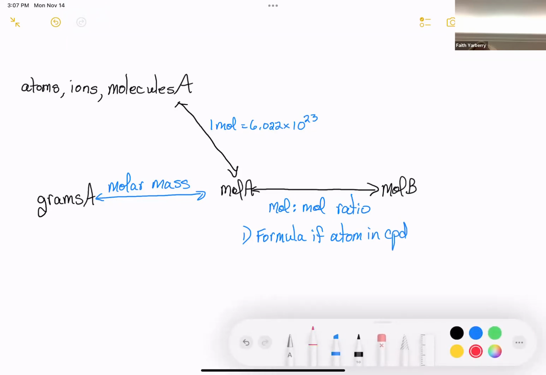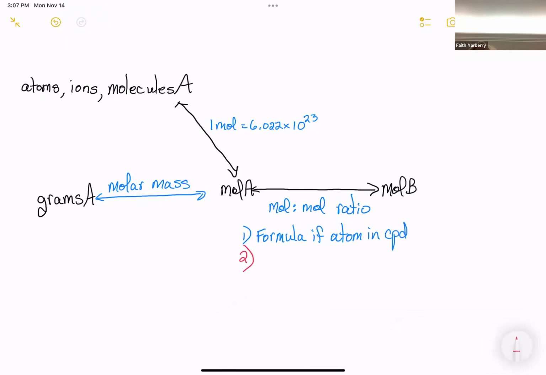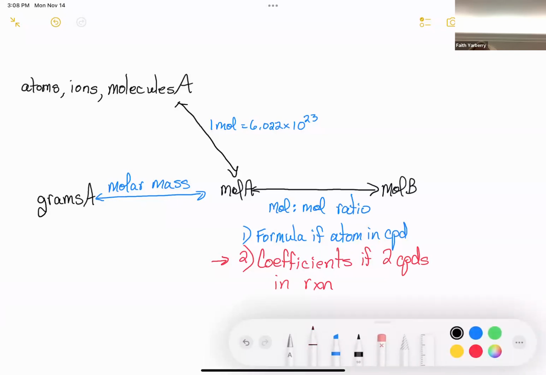The second place, which is the new piece, is the coefficients, if two compounds in a reaction. That's the new piece, folks. All the rest of this we've already talked about.